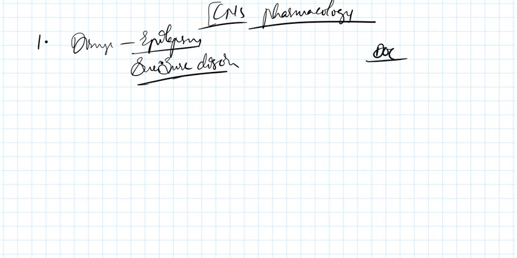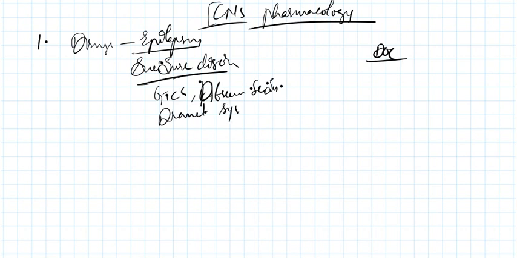You take GTCS, you take absence seizures, or you also take Dravet syndrome. For all these conditions, the drug of choice is valproate.